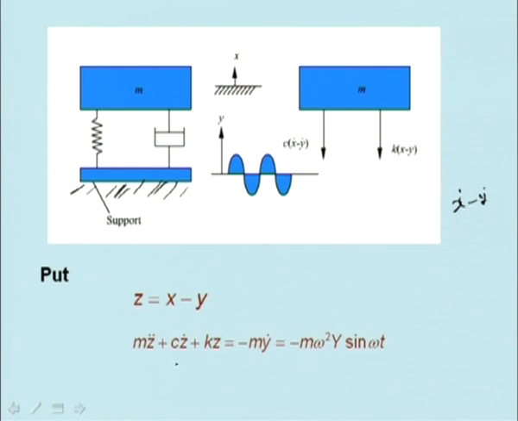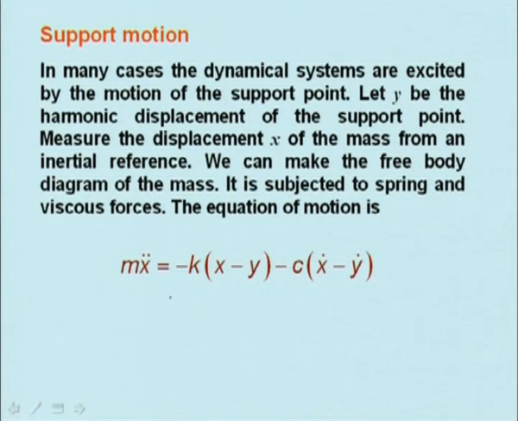Now put z equal to x minus y. By Newton's first law, m x double dot equals minus k(x minus y) minus c(x dot minus y dot).